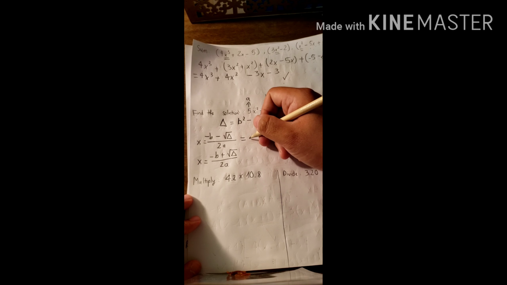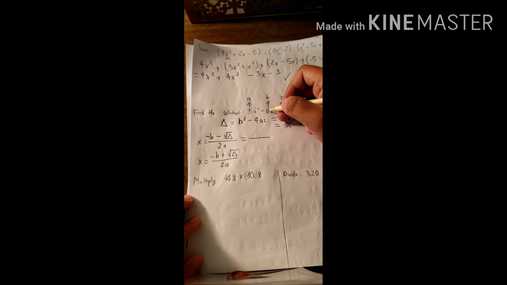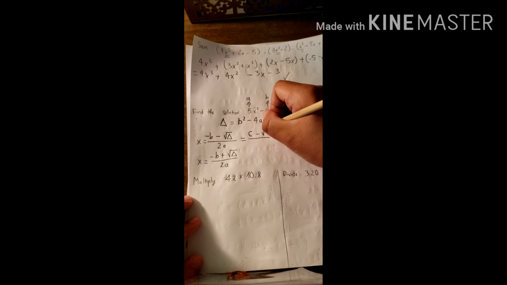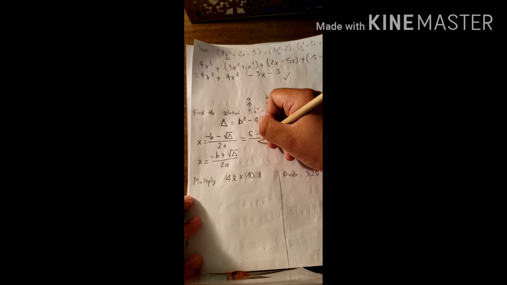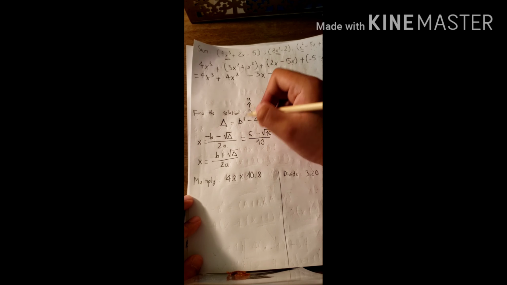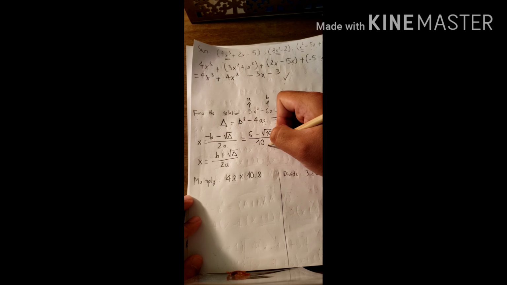So we have that the minus b is about minus minus 6, so that is 6. We have square root of 16 in here, divided by 2a, 2a is 10, because 2 multiplied with 5 is about 10.